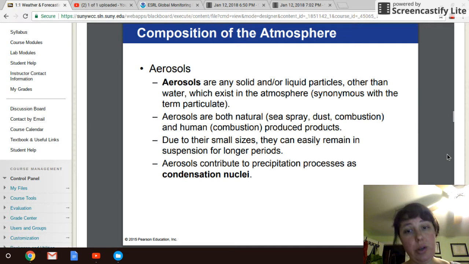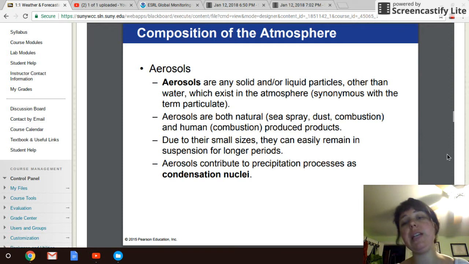Some aerosols, if they fit well with precipitation, allow water droplets to stick to them. And if they are good at allowing water droplets to stick to them so that they can get larger and therefore heavier so that gravity can drag them back down to Earth, i.e. rain, we call them condensation nuclei. So some aerosol particles are also condensation nuclei, but that is not true for every aerosol.